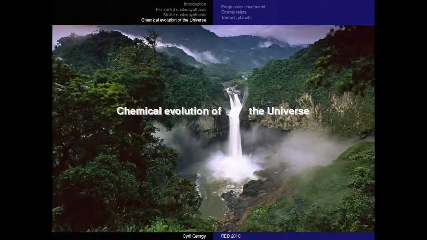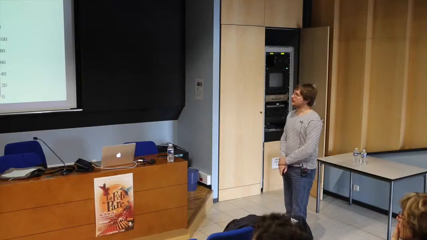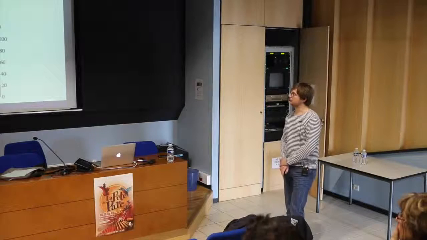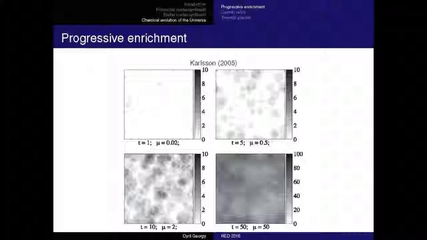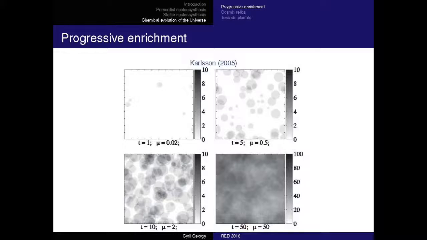The enrichment is progressive and depends on where your supernovae explode and release the matter from the stars into the interstellar medium. So here you have what happens at the very beginning. You have a homogeneous medium a short time after the Big Bang, and then the first star starts to explode and progressively enriches the medium around it.